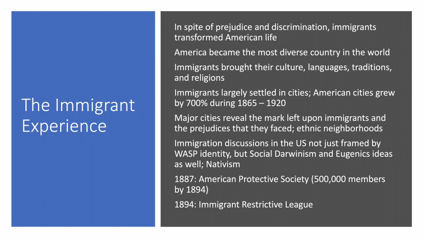What you find in these cities are ethnic neighborhoods, right? And what we mean by ethnic neighborhoods is you see things like Irish neighborhoods, Little Italy, Jewish neighborhoods, Croatian neighborhoods, Russian neighborhoods, and so on and so forth.